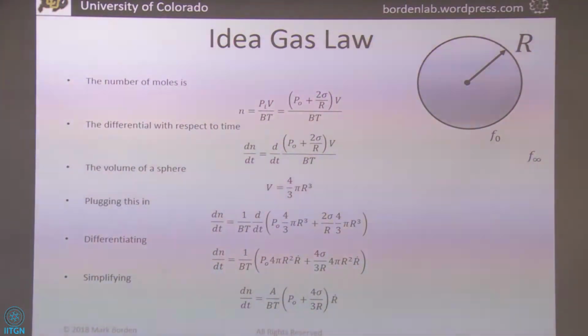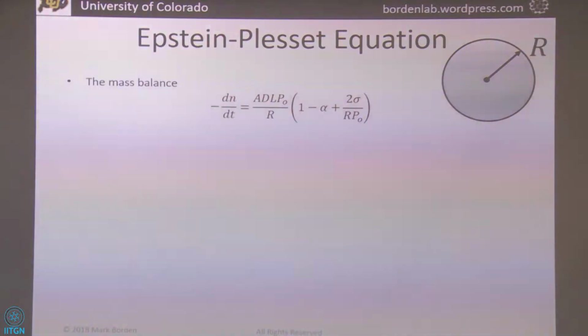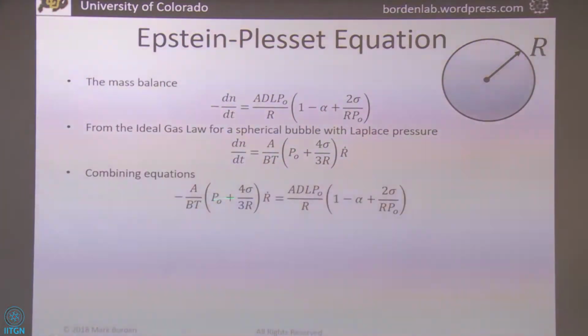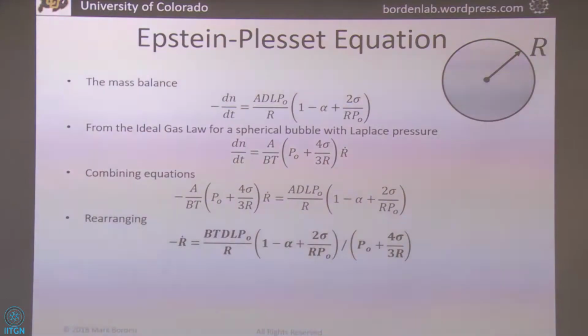So now we can plug that back in. We have the mass balance from the ideal gas law for a spherical bubble with Laplace pressure. We have this. So now we'll combine these two equations, and we'll solve for r dot. And we want negative r dot because it's going to be a dissolving bubble.